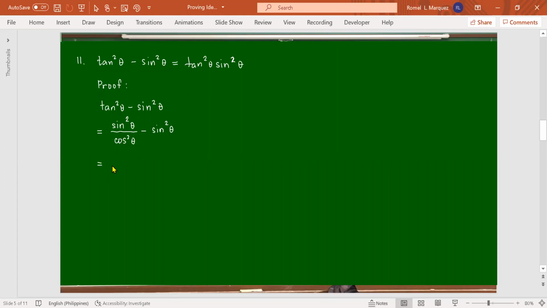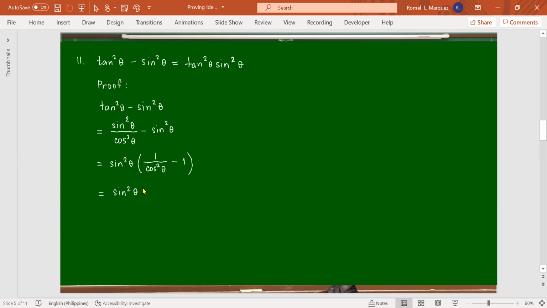I can factor out sine squared. That is common. And then we have here 1 over cosine squared theta minus 1.